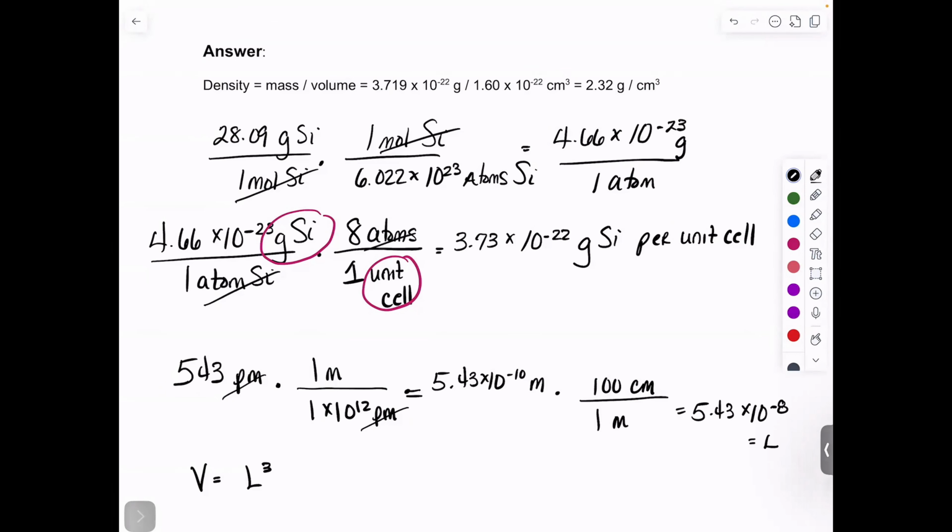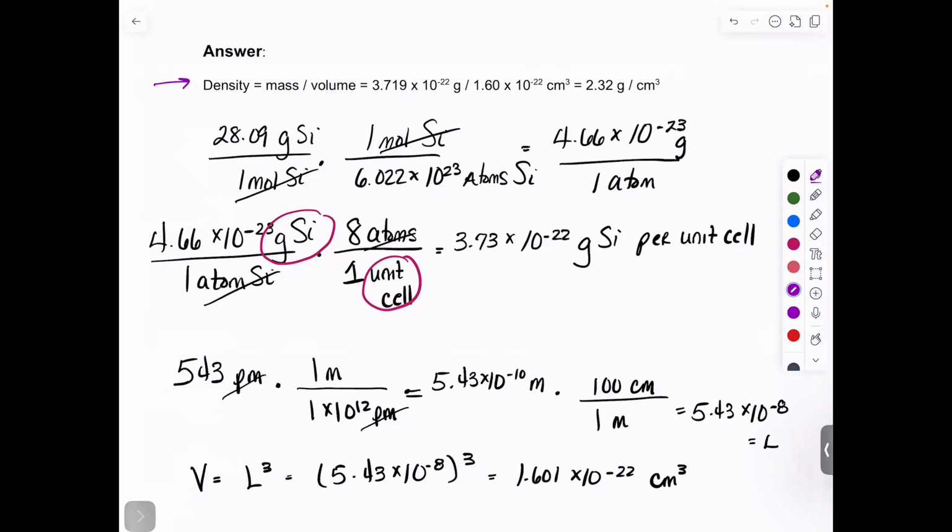It's a cube. So we take this number cubed, and we end up with 1.601 times 10 to the negative 22 centimeters cubed.